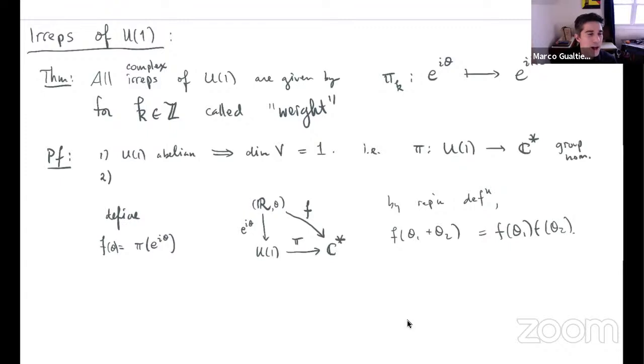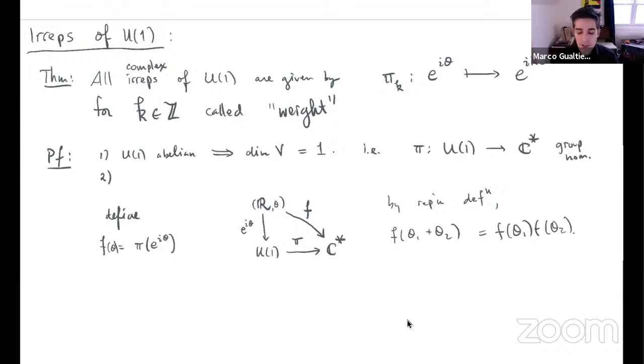Now, there's two ways to go. One way to deal with this problem is that I could have said that we're going to classify smooth representations only. We're just going to impose the fact that the representations as maps are differentiable. But people don't usually do that because these groups have a lot of automatic smoothness. They're automatically smooth in a sense because of the way that their multiplication is defined. It's a little bit of a complicated topic, which I don't want to get into.